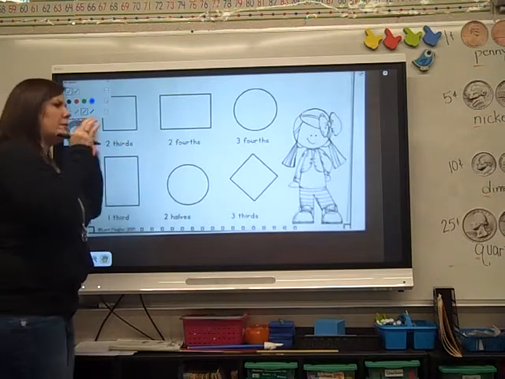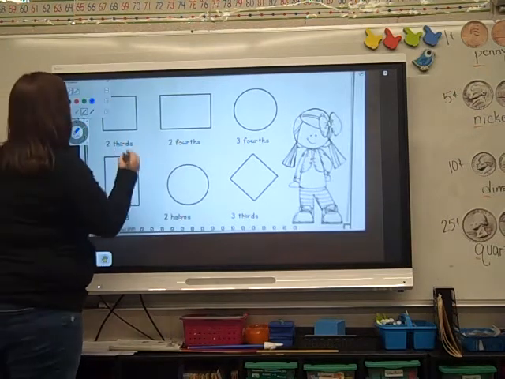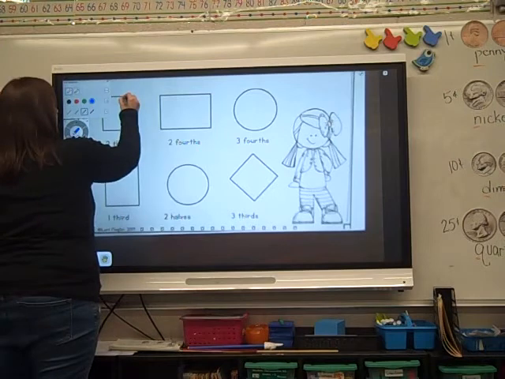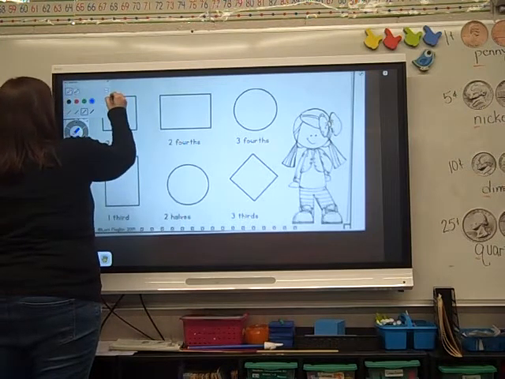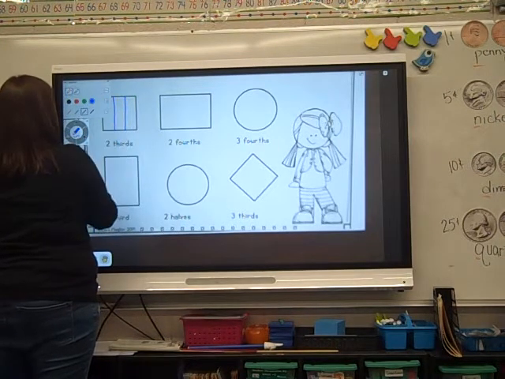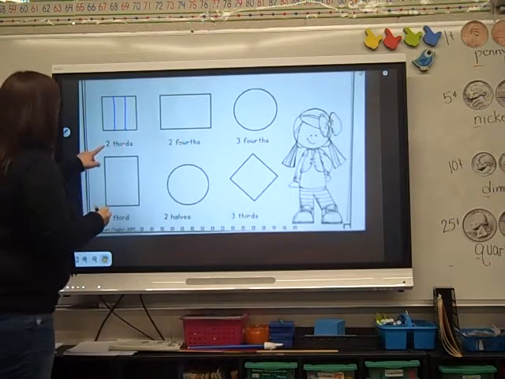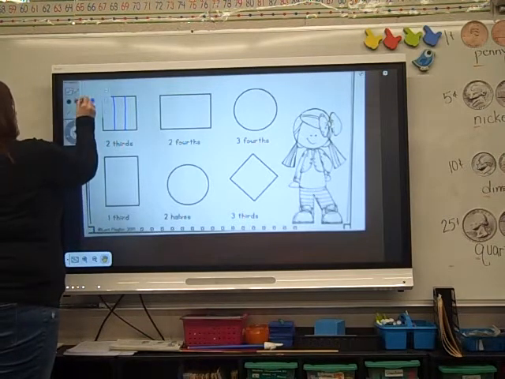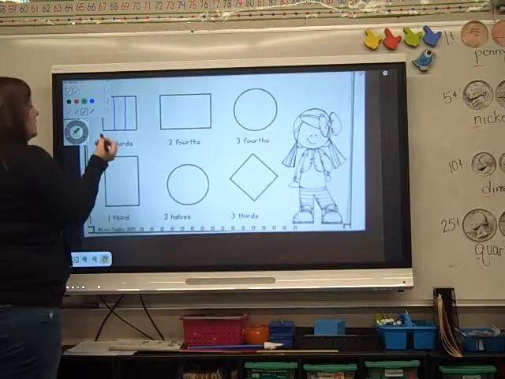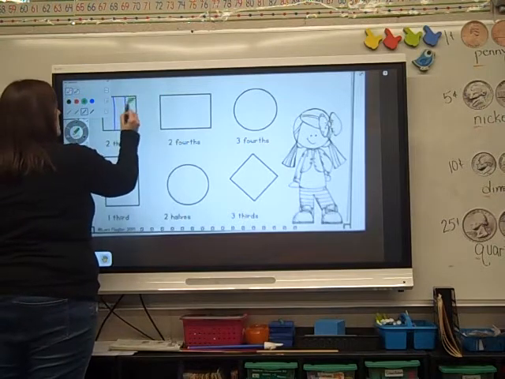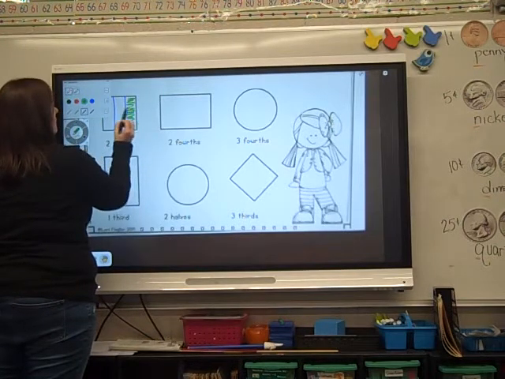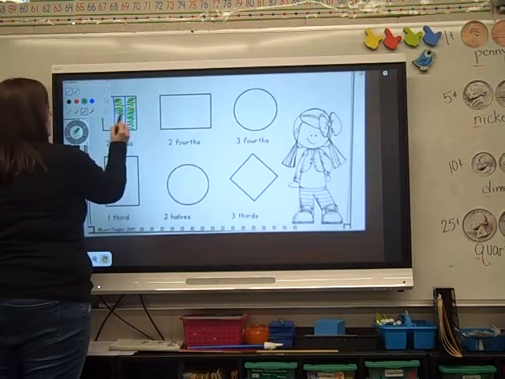It's kind of hard. It's got to be 3 equal pieces. So remember, start over here a little bit, and then here. Okay? And we've got to color in 2/3. So that means you've got to color in 2 pieces. And that doesn't matter, whatever 2 pieces you want to color, that's up to you.